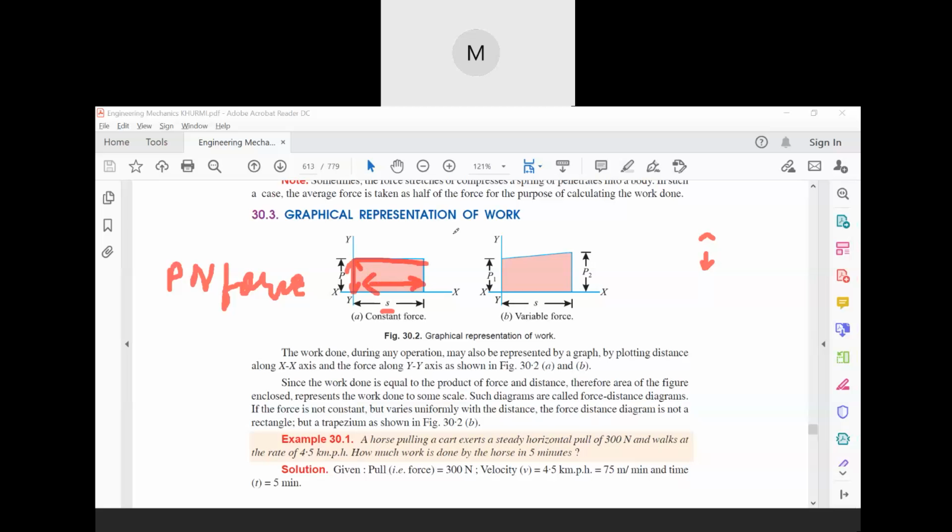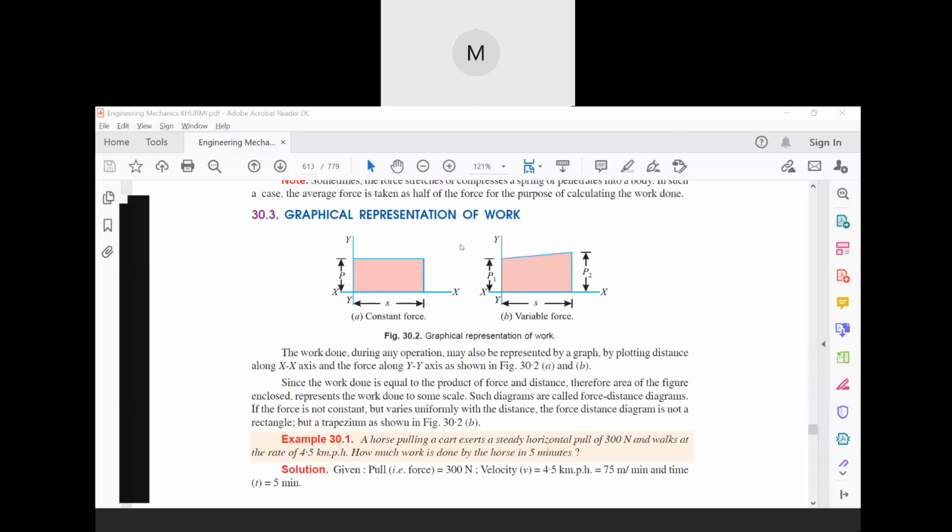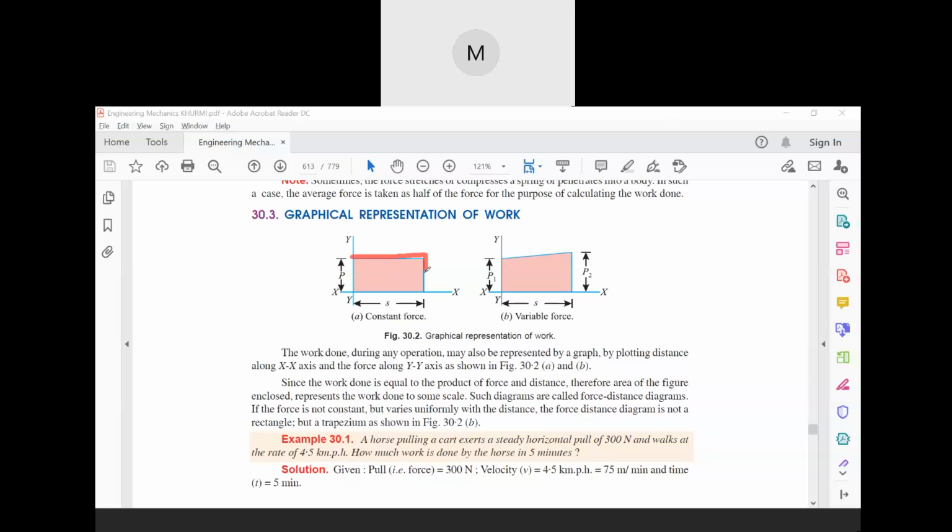Now this one, here it is a straight line, right? That means the force is constant. Why? Because whatever the value of P here, the same value of P is here also.